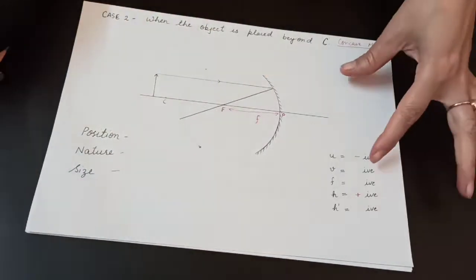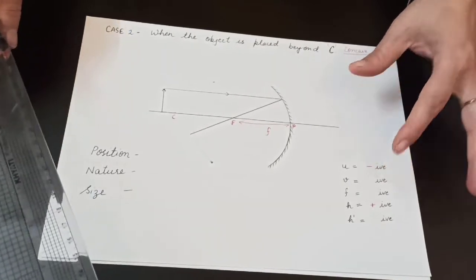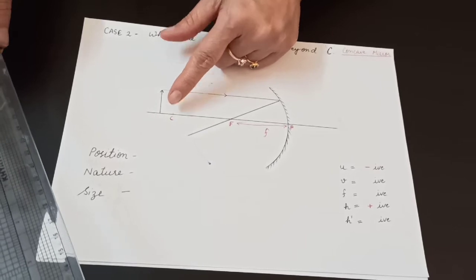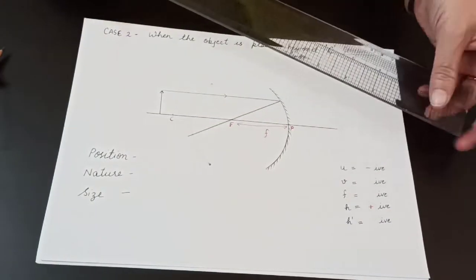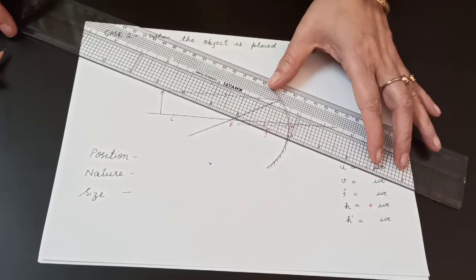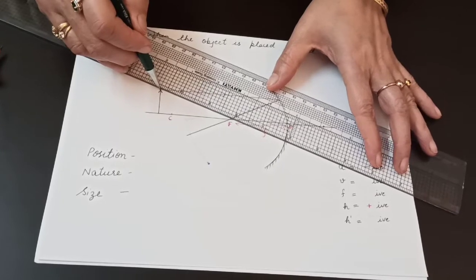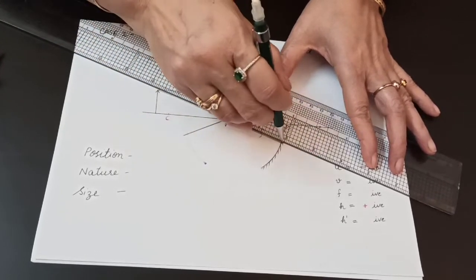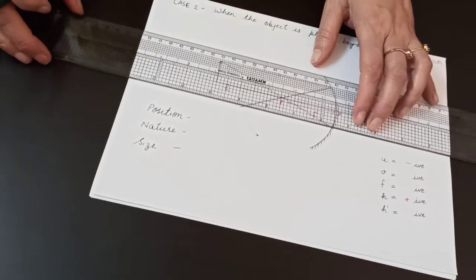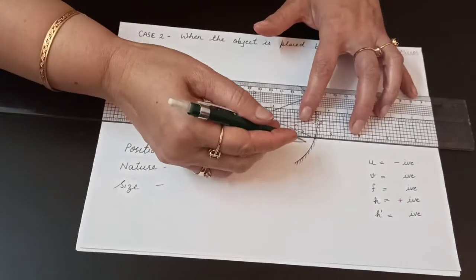Now we have to take another line, that is either the ray that is coming through the center of curvature, or we can take another ray which is coming through the focus. So see, we are taking another ray that is coming from the focus. After reflection from the mirror, it will become parallel as the rule says.